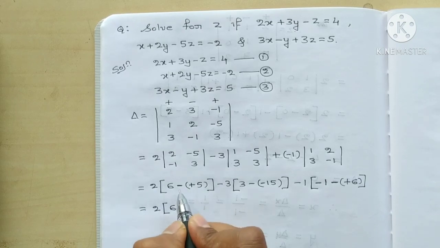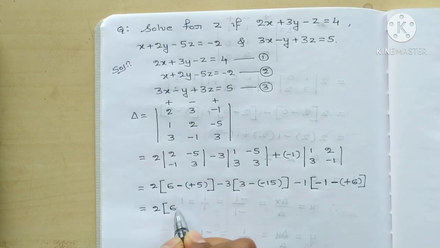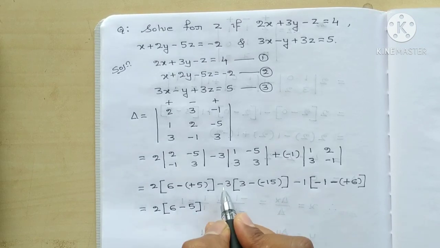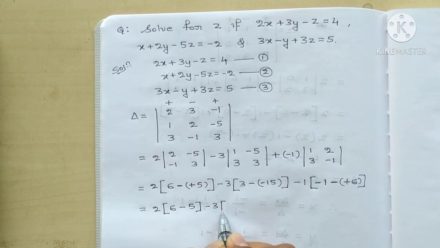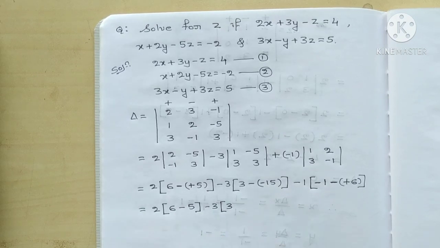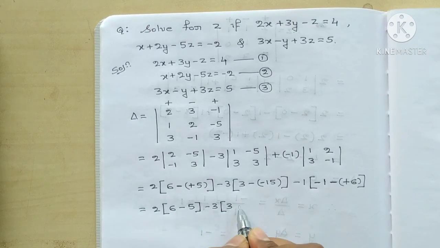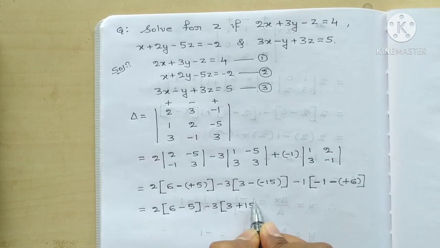So next, which is equals to 2, I am going to keep it as it is, 6 also I am going to keep it as it is. Multiply the sign, minus into plus is minus, remaining element is 5. Next, minus 3 into bracket, 3 I am going to keep it as it is, minus into minus is plus 15.